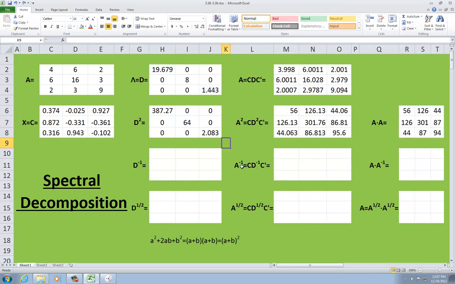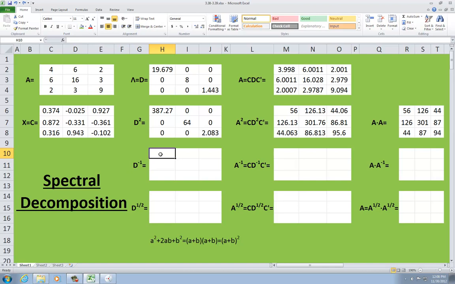Now let's do the same thing, but let's find the inverse of A, A to the negative 1 power. It's obtained from this formula here in cell L11. And note how easily one can obtain the inverse of the diagonal matrix of eigenvalues, the inverse of D. Since it's a diagonal matrix, the inverse of the matrix is obtained by merely taking the reciprocal of each diagonal element.